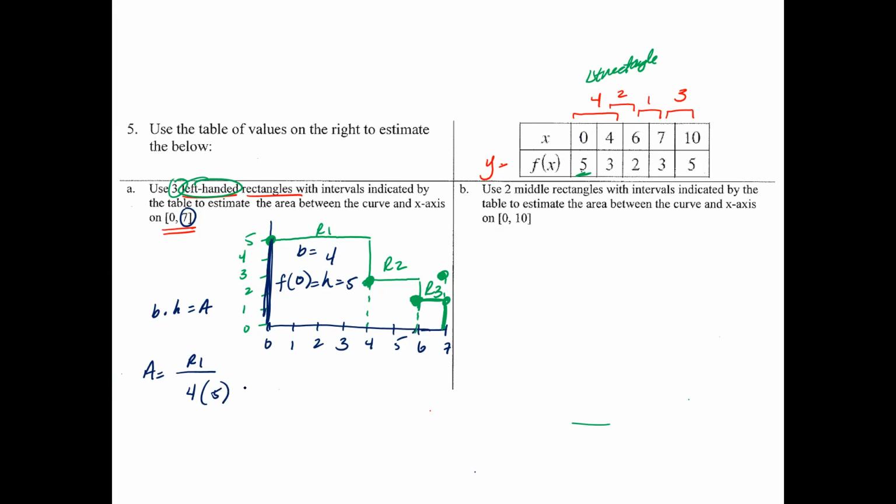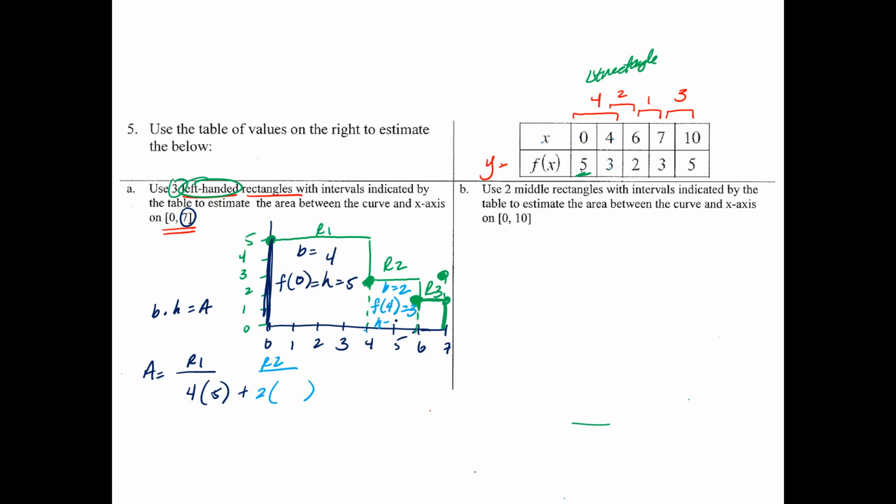There's your first rectangle. Plus, let's go ahead and add rectangle 2. Okay, here's my rectangle 2. My base here is from 4 to 6, so the base is 2. 2 times the height. My height is going to be, again, it's on the left side, so f of the x value is 4. Go to your table. When x equals 4, y equals 3.